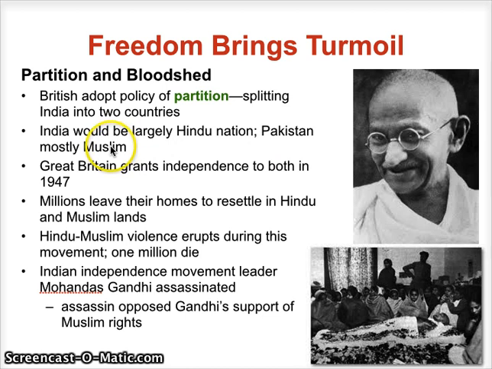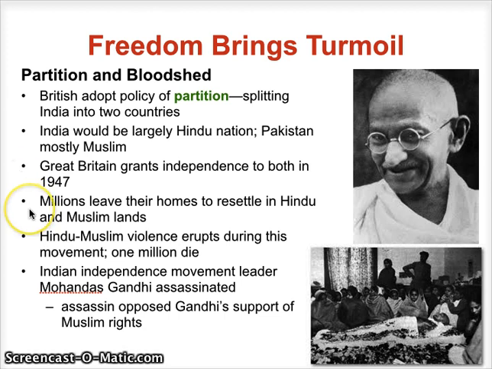Pakistan is a Muslim country, whereas India is mostly Hindu. In 1947, a few years after World War II, Great Britain finally grants both of these areas independence. So now we have Pakistan and India is completely self-governing. They do not have any influence of the British.